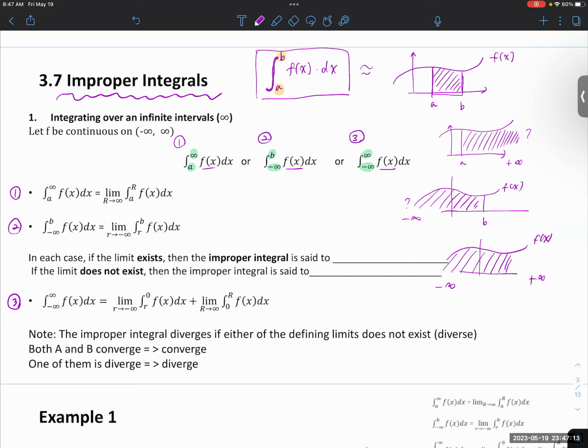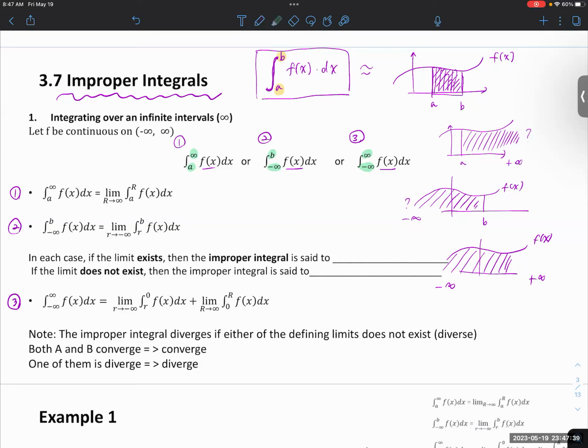When you have a specific interval a to b, we create an infinite number of rectangles, sum all the areas of the rectangles and take the limit. So we're going to utilize the limit to estimate the area under the curve, although you're going to see infinity.